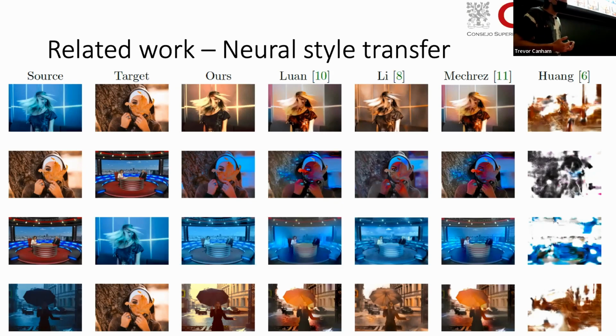We also include the method of Huang, whose method is intended for the field of image translation, which is slightly different from style transfer, in the sense that in image translation, you're trying to transfer higher level properties. For instance, you'd want to turn a picture of a dog into a cat or something like that.